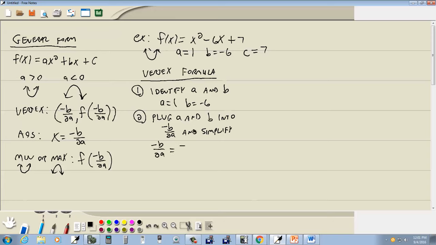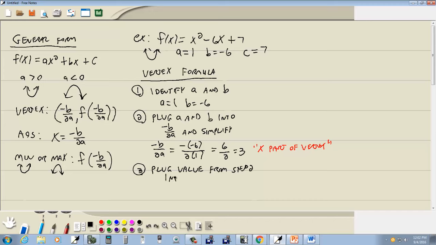So negative b was negative 6 over 2 times a, and a was 1. Negative negative gives us positive, so we got 6 over 2, which gives us 3. This is the x part of the vertex. Step 3: plug the value from step 2 into the original function.